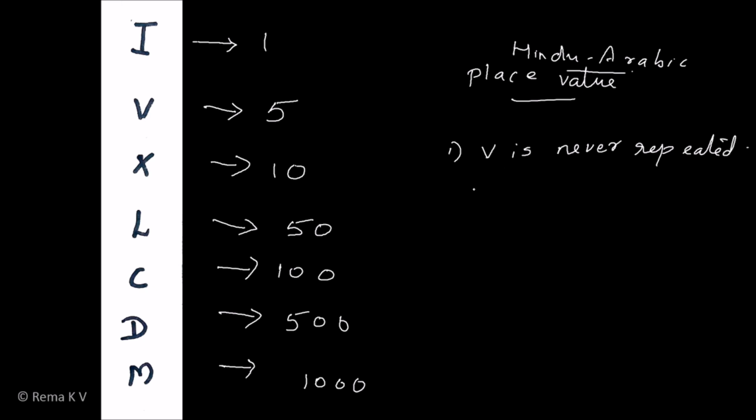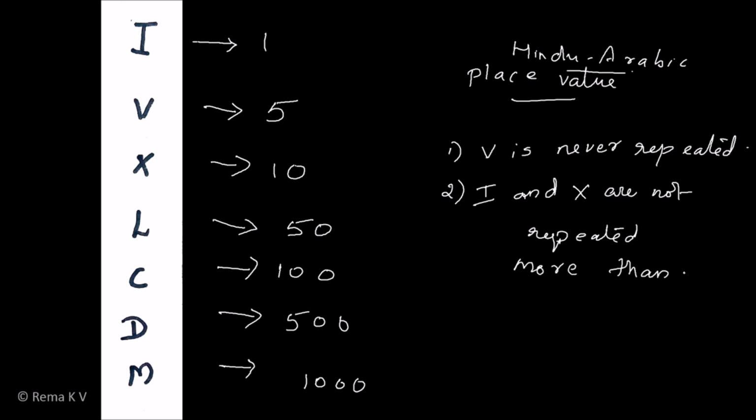In this standard, you are learning only the symbols I, V and X. So for these 3 symbols, let us form the rules here. The symbol V is never repeated. And the other 2 symbols, I and X, are not repeated more than thrice.